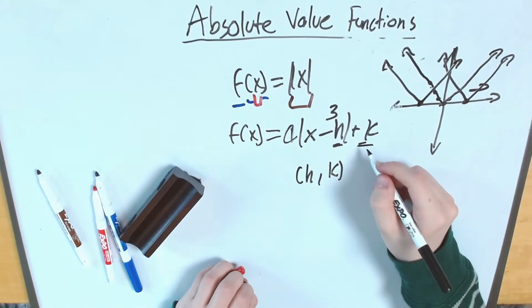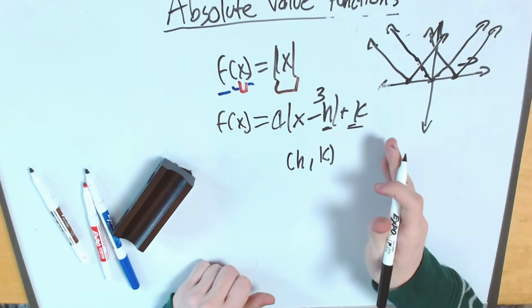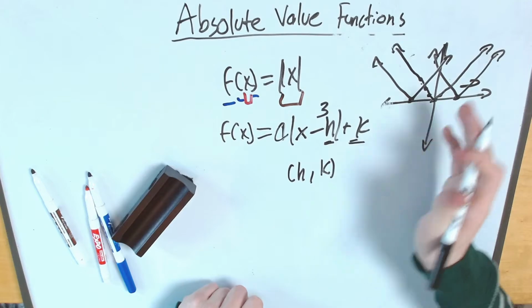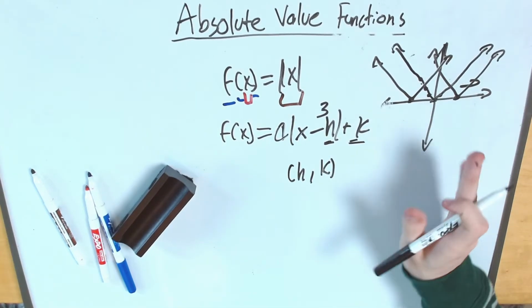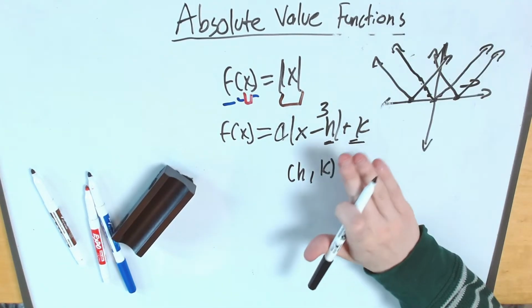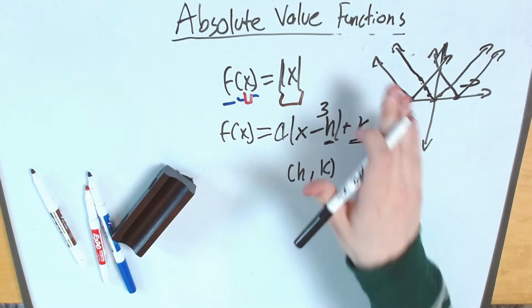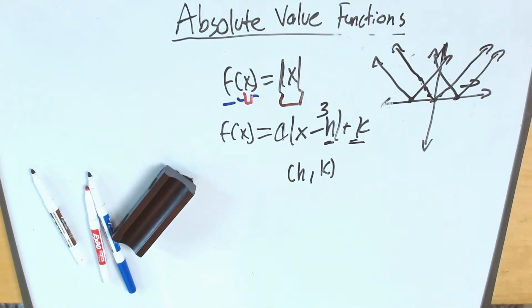This k refers to how we're shifting it vertically. So if this was 2 or 3 or 4, that means we'd be shifting it up 2 or 3 or 4. So we'd move all of our points up by that number. If it was negative, we'd be moving it down by that corresponding number. We move all the points down.